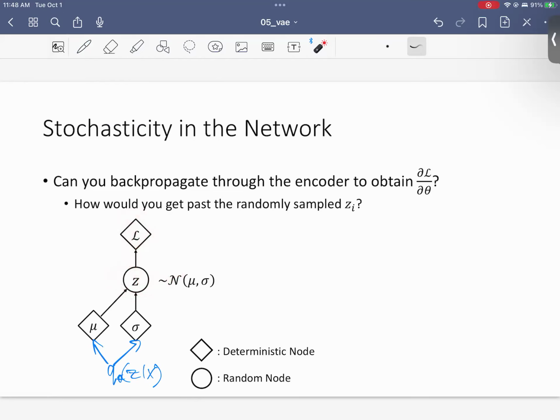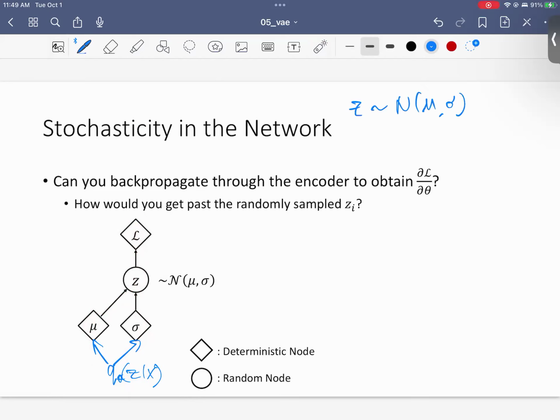And this becomes a problem because this is a random variable. So you cannot backpropagate here, and eventually what we want is to backpropagate from the MSE all the way to here and all the way to here so that you can update your theta. So this becomes a problem. But what you can do instead, when you're sampling from a Gaussian distribution, so Z follows a Gaussian distribution of some mu and some sigma, right?